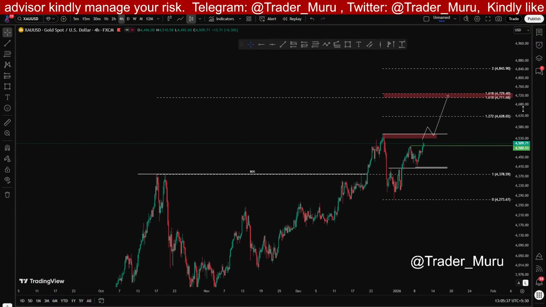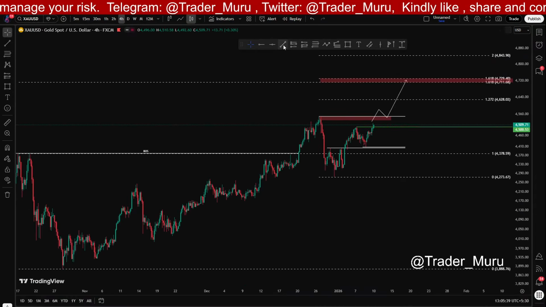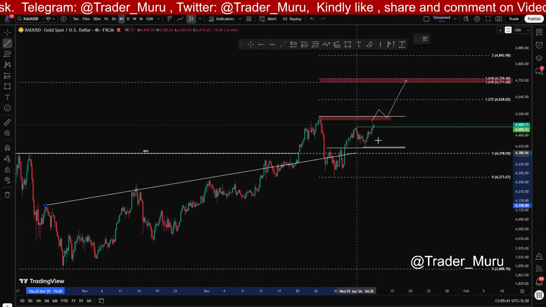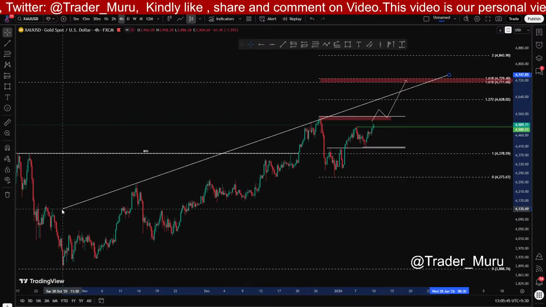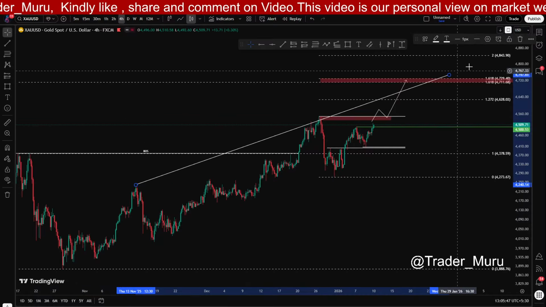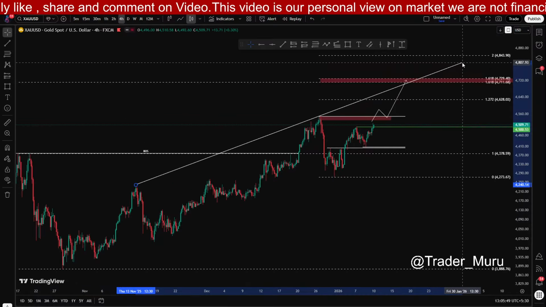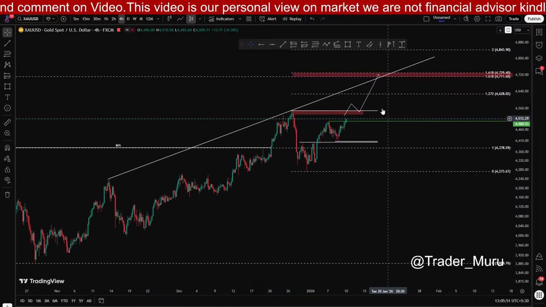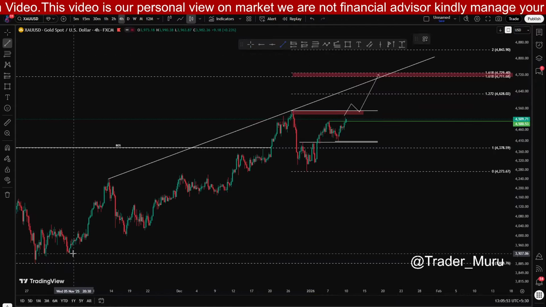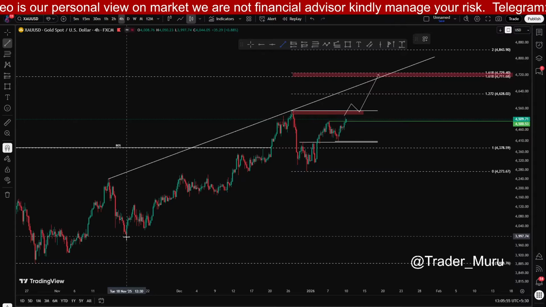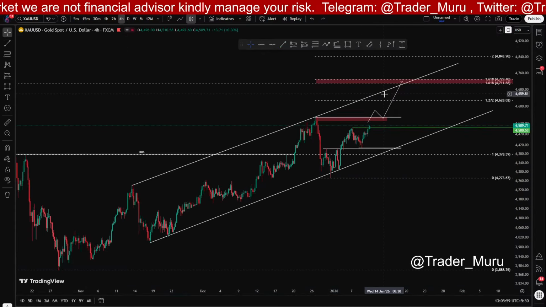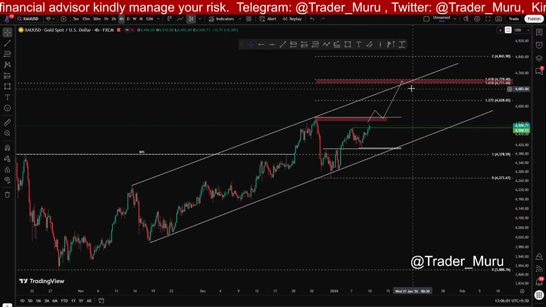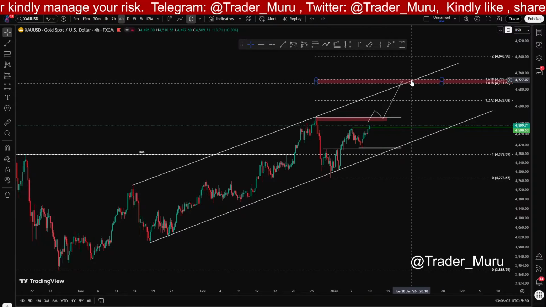And as you see, price is making this upper trend line here from this one to this one. This will be a targeted area. So according to this channel, price is targeting this one here.